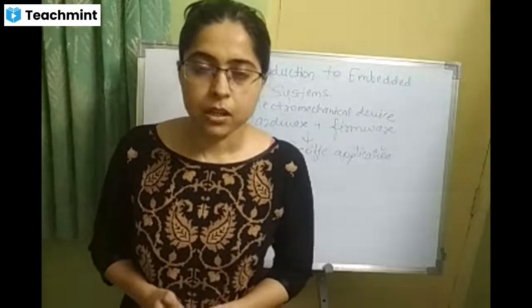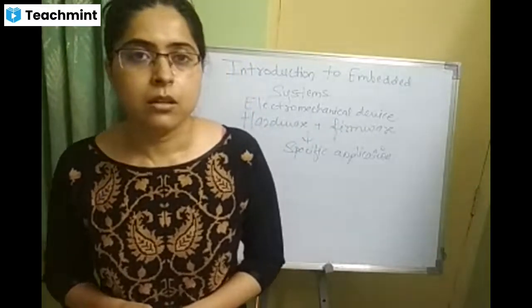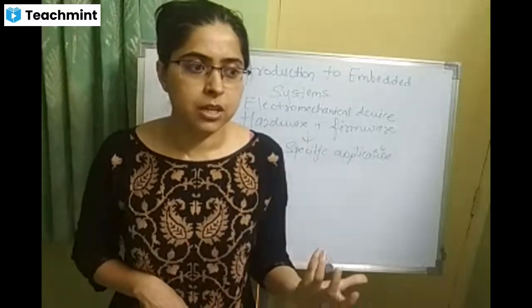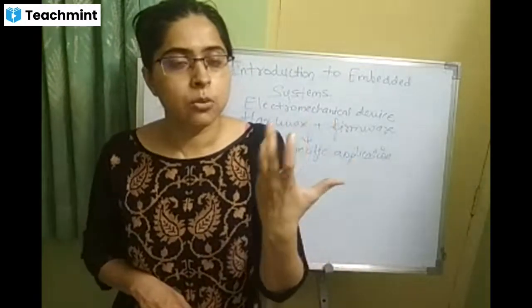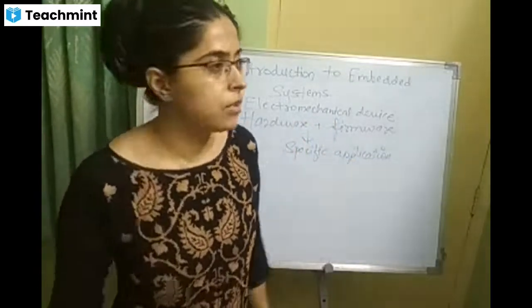Okay. Now we will see the generations of embedded systems. Means we are going to see the first embedded systems and how they have evolved and become what they are today. Okay, so we have the first generation.